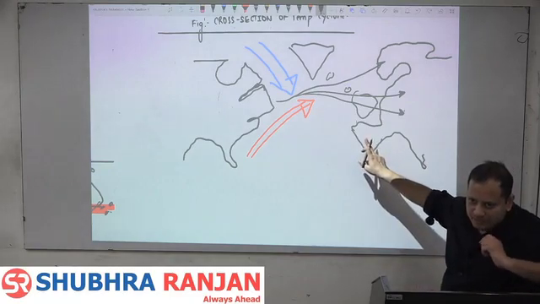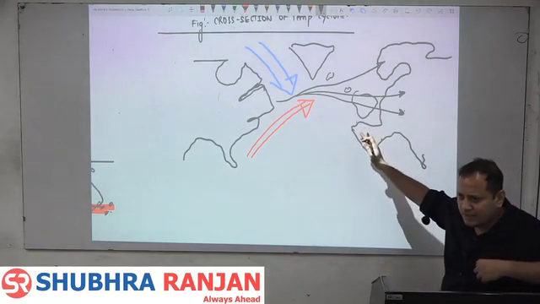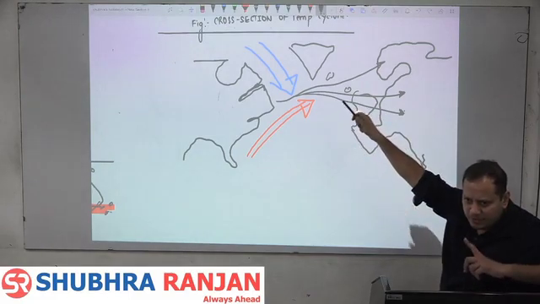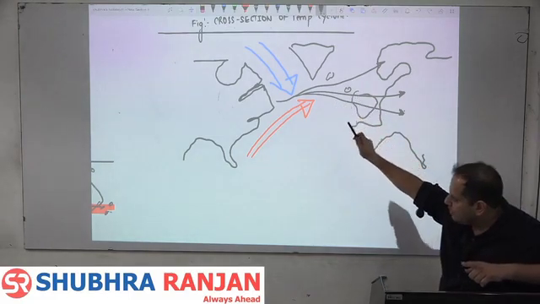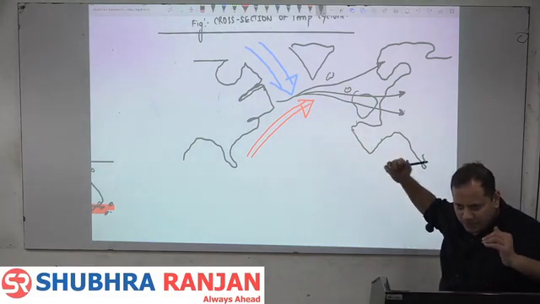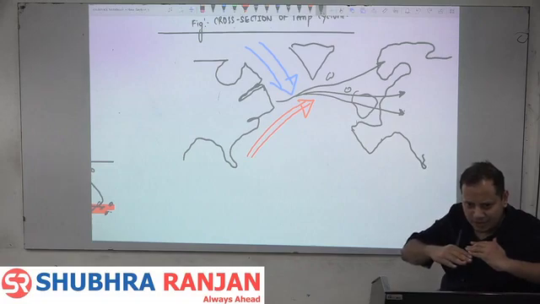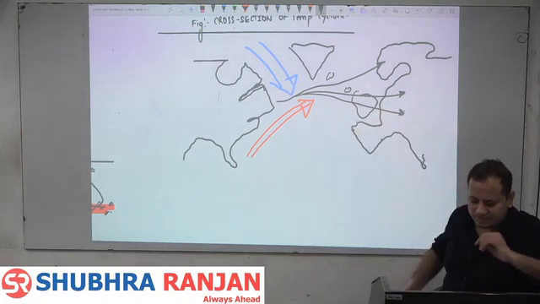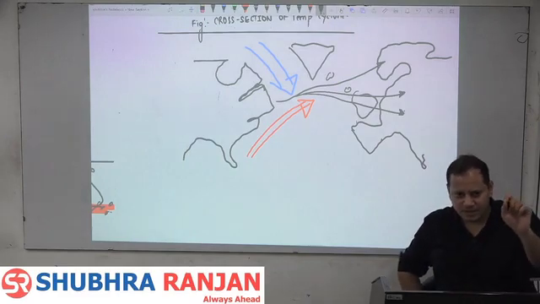Understanding this diagram? So this is just for your understanding. No need of drawing this. Cold Labrador current is coming, the air mass above it becomes extremely cold. Warm Gulf Stream is coming, the air mass above it is extremely warm. They both join together, and after that, clear?